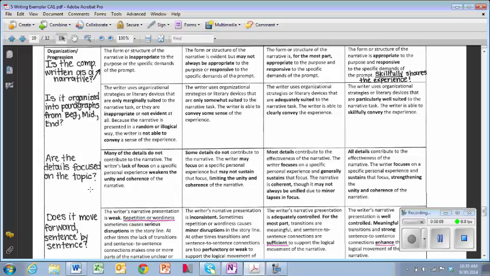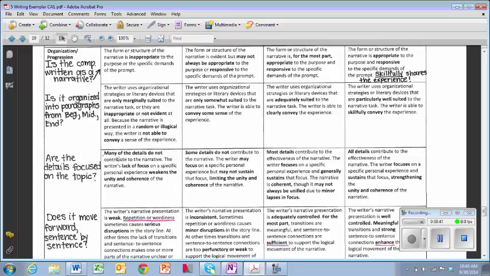And so really, all the details should be focused around the experience, because it's a narrative prompt asking them to write not just about their skill, but also about when it helped them. So for a level 1, they would maybe write something where a lot of the details don't contribute to the narrative. Maybe they write about how they are good at math, but then they start talking about how good they also are at soccer. That would not be very focused. So that would give a level 1.